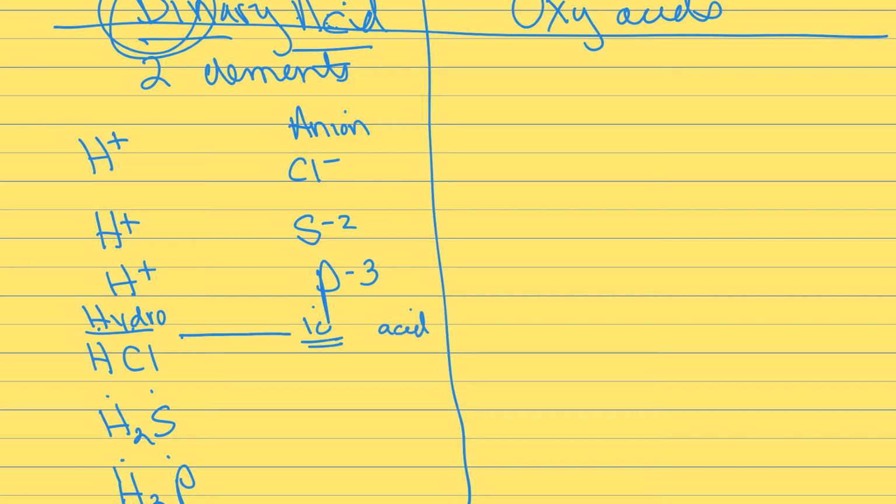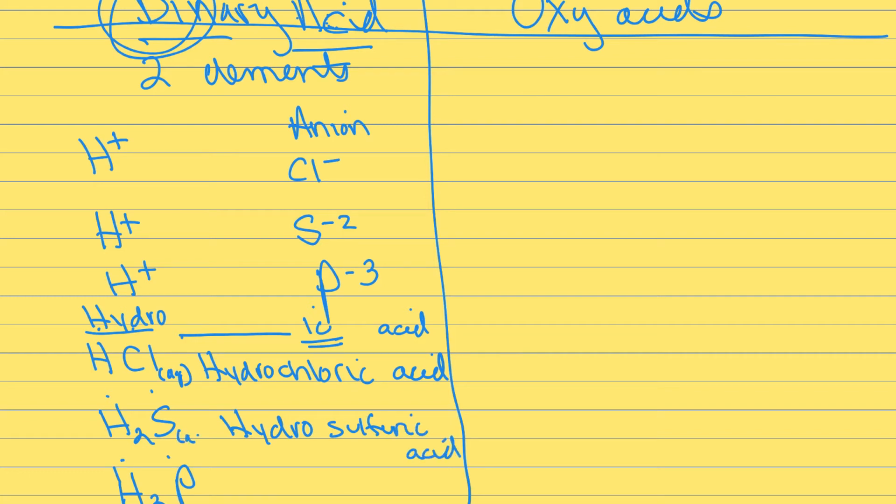Okay, so we would call this hydrochloric acid. And technically you would write parentheses AQ here, but it's just a small thing. This would be hydrosulfuric acid. I'm just following the pattern here.